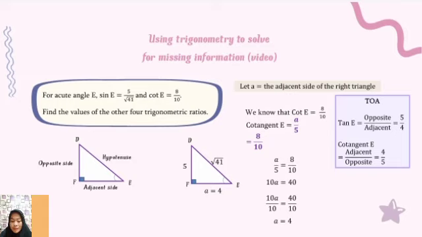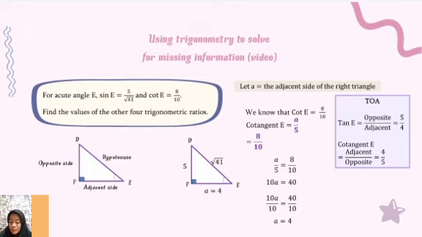Solution. There is a triangle with the opposite side, adjacent side, and hypotenuse side. This is the acute angle. This is a right triangle with the opposite side equals 5, adjacent side equals 4, and hypotenuse side equals square root of 41.